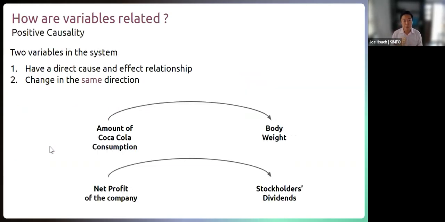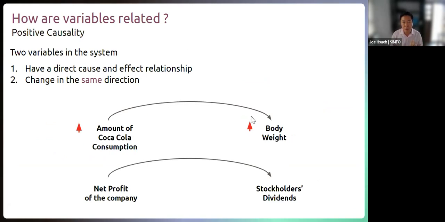Then we come to the causal linkages. There are two types. The first is positive causality. There are two variables, cause and effect. An increase in the amount of Coca-Cola consumption will increase our body weight. So the cause and effect are moving in the same direction.